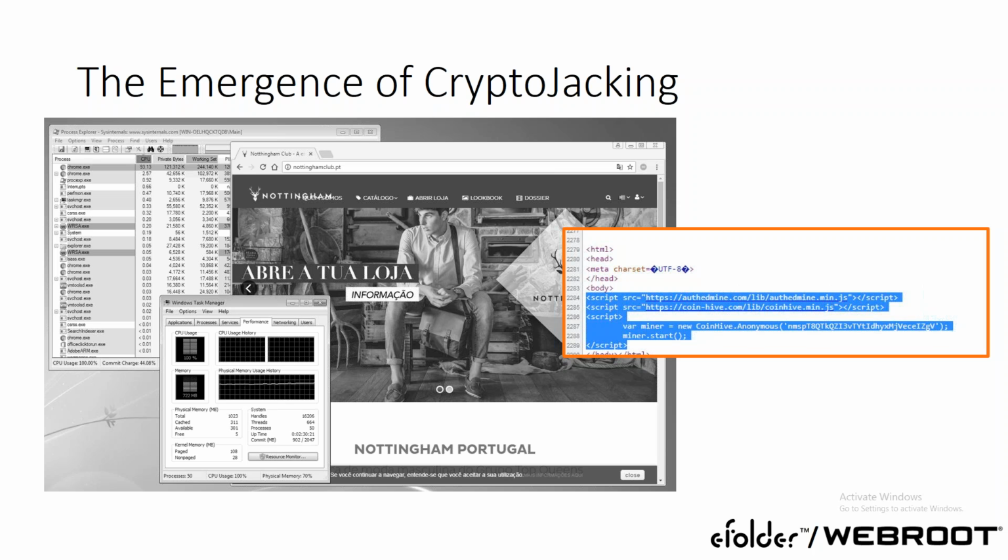CryptoJacking is essentially, I'm just going to steal your CPU power while I have it, and then mine cryptocurrency to my wallet, and that's all I'm going to do. And it's been gaining a huge amount of momentum. The growth of it is already outpacing ransomware. Whether it'll dethrone ransomware as the number one threat may happen, but it's good to be aware of what's out there and what's on the forefront.